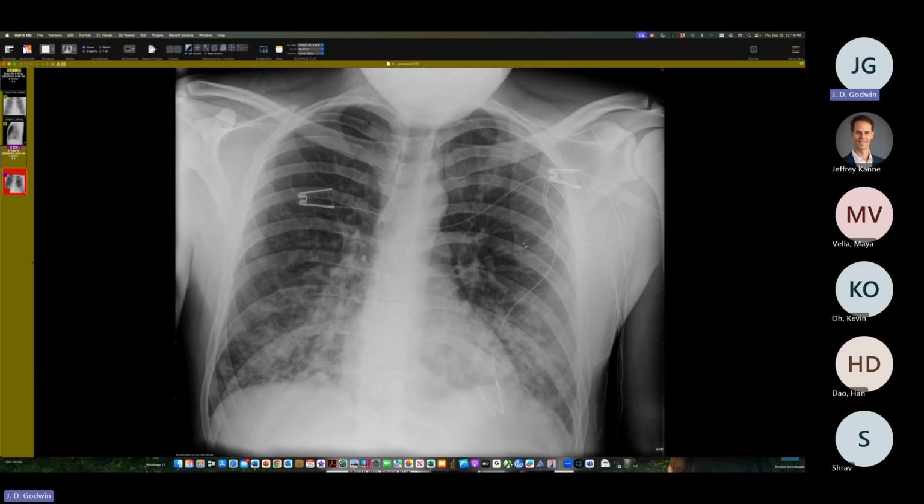So this is a 25-year-old climbing Mount Rainier from several years ago, and he developed shortness of breath and some confusion. And this is high altitude pulmonary edema, pretty dramatic case of this. And this is actually a kind of alveolar damage. It's not just simple hydrostatic edema.